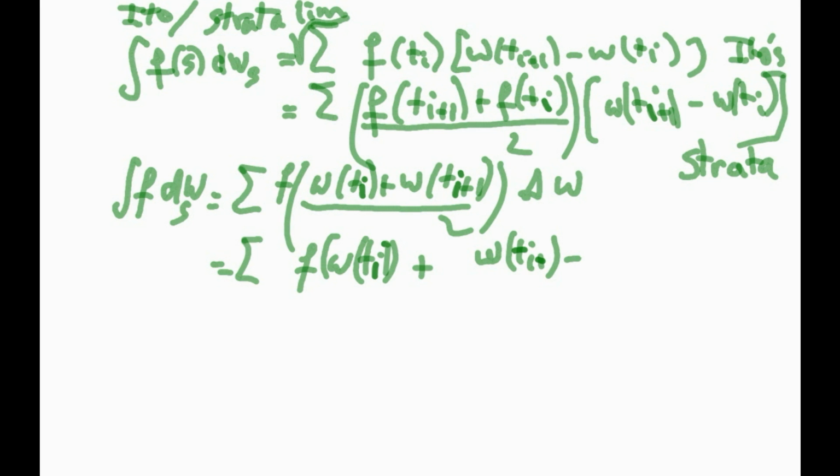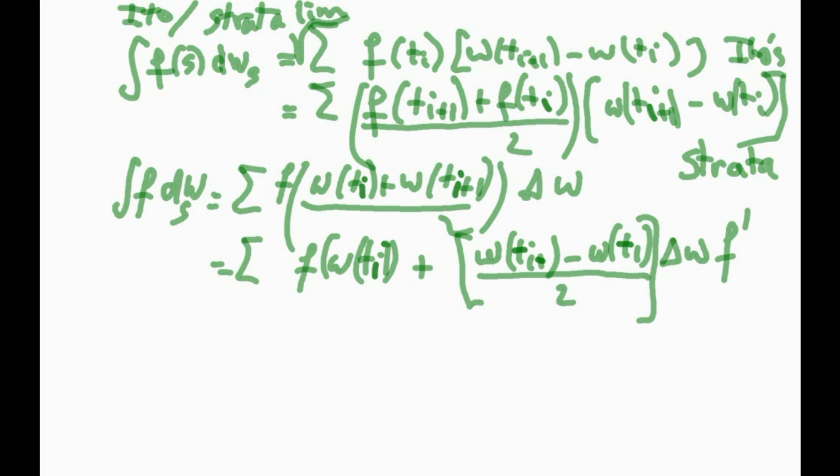So this is just Δω(t_i) divided by 2, right? And then I have to multiply this by another dω and the derivative of f at ω(t_i), plus the terms that I do not care about.